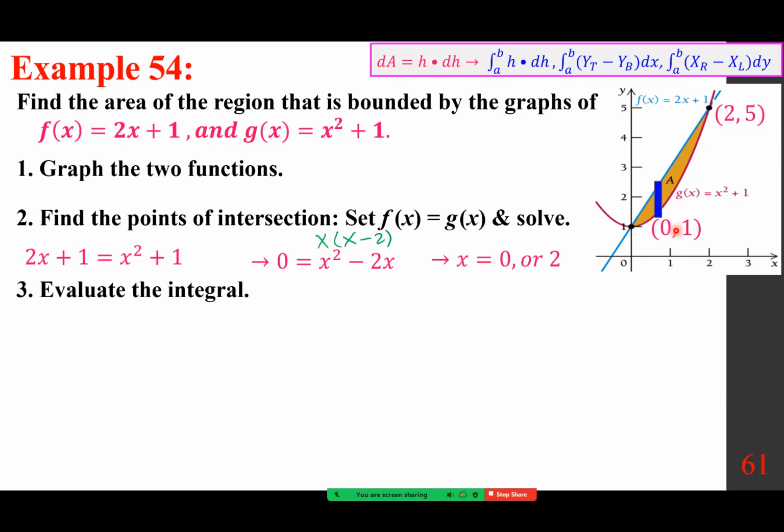Clearly, one of them is on top of the other one. You could also say one is at the right side. In this case it happened to work. And so what is this height? Y of the top, y from the line, minus y of the bottom from the curve.